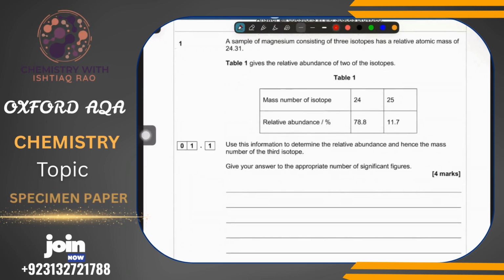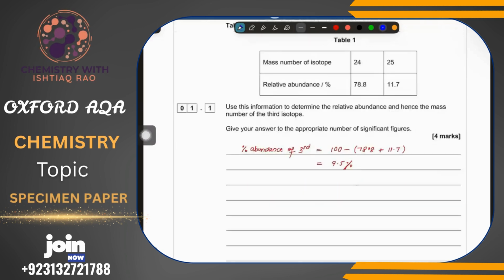The percent abundance of the third one is equal to 100 minus (78.8 plus 11.7). It's going to be 9.5%.